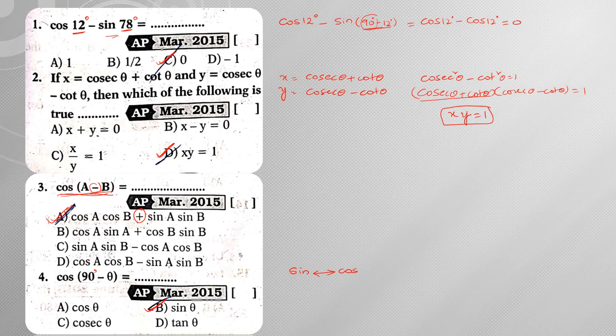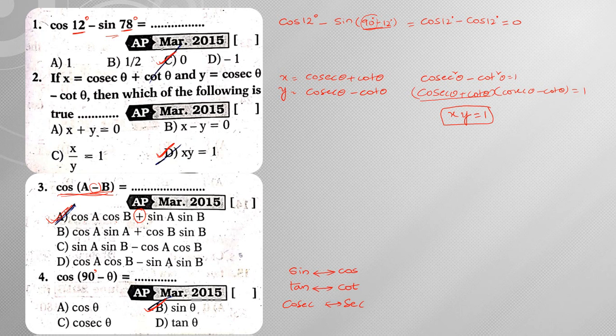The same thing will be applicable for tan of 90 minus theta, which can be written as cot theta, and cot of 90 minus theta can be written as tan theta. The same way, cosecant of 90 minus theta you can write as secant theta, and secant of 90 minus theta you can write as cosecant theta.